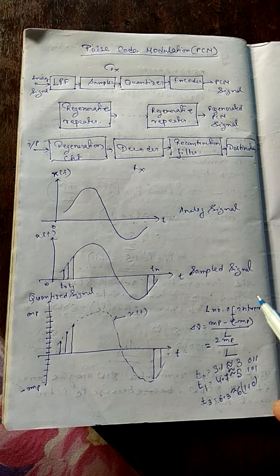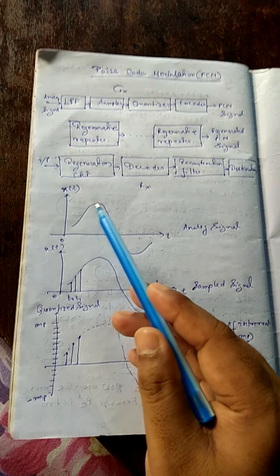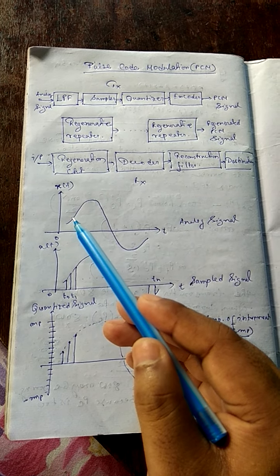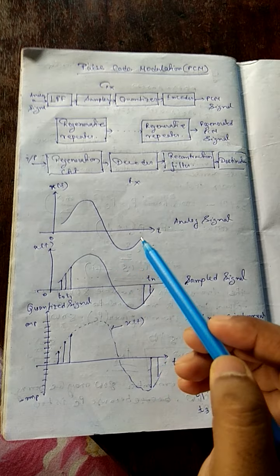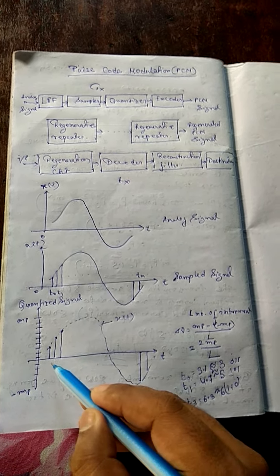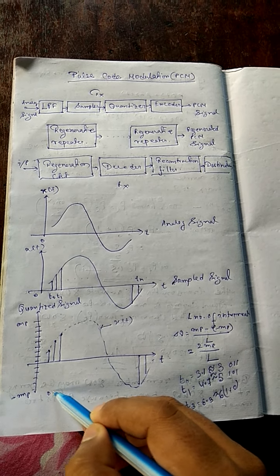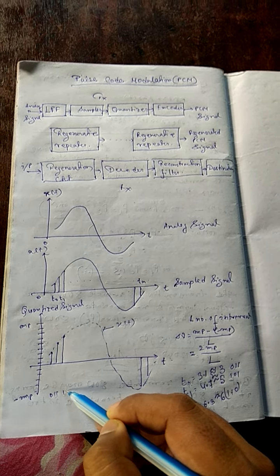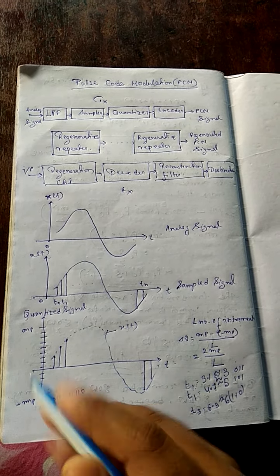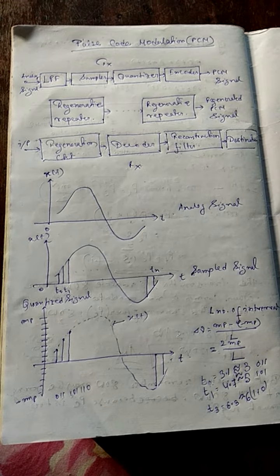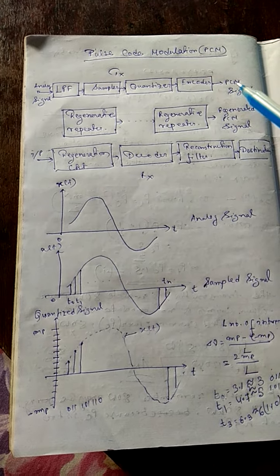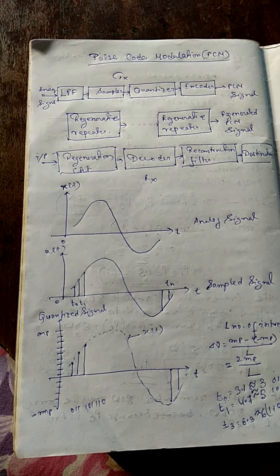At the end of the day, if we consider the input as this type of analog signal, we get the output like that: for this particular sample 0 1 1, for the next sample 1 0 1, next 1 1 0, and so on, a huge bit stream. So this is the process by which we convert an analog signal to a digital signal.